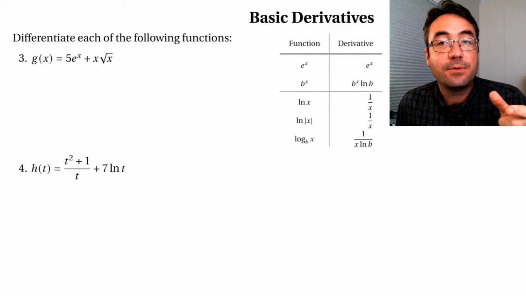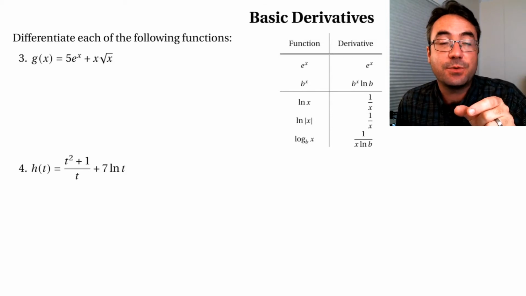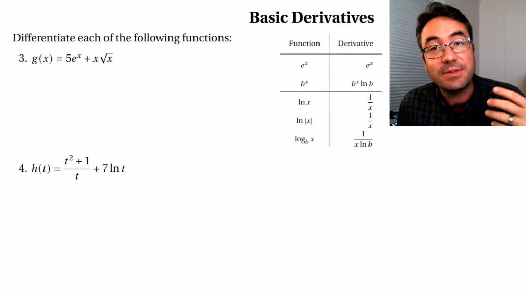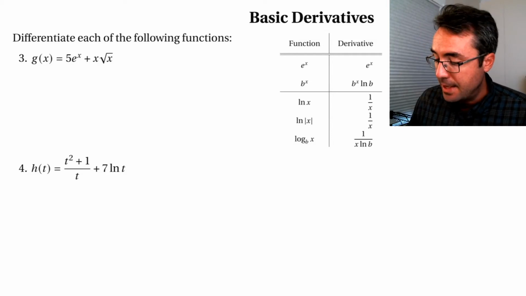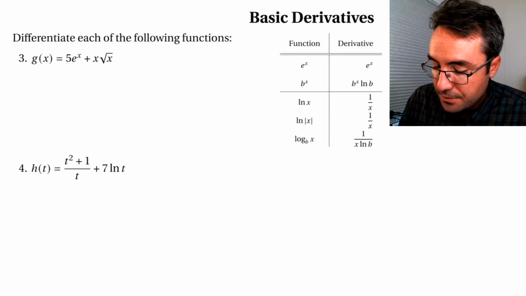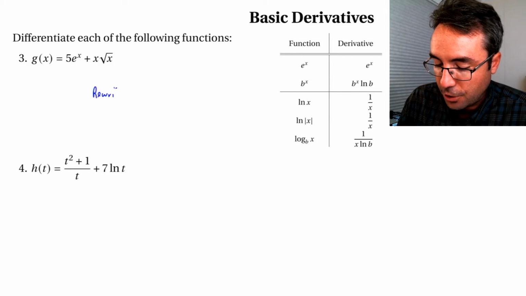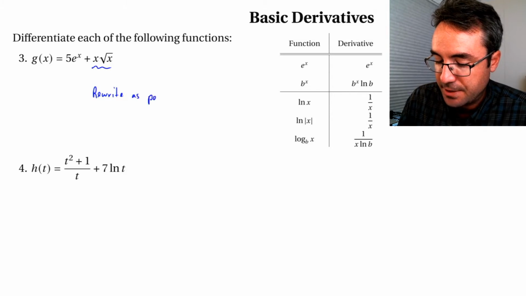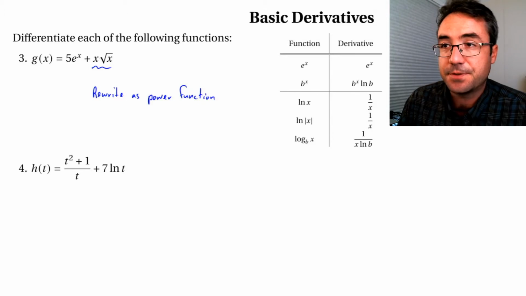And in that first one, we have x times square root x. We have a product. We haven't seen how to handle products. So the idea for both of these is to rewrite that term that's giving us an issue as a power function if possible. And it's going to be possible for both of these.